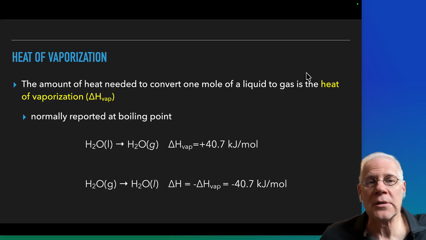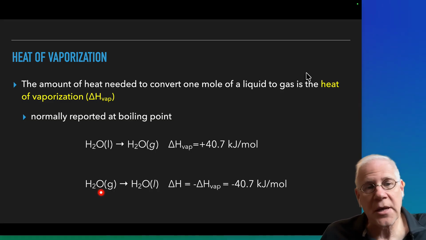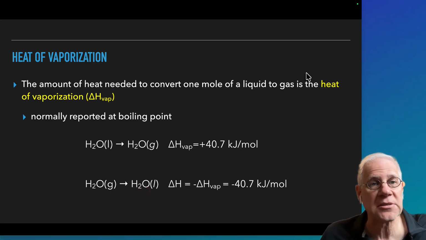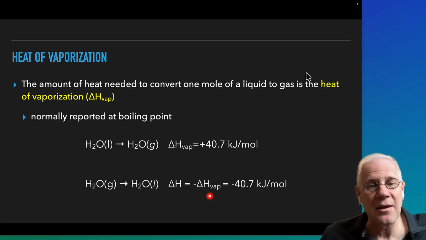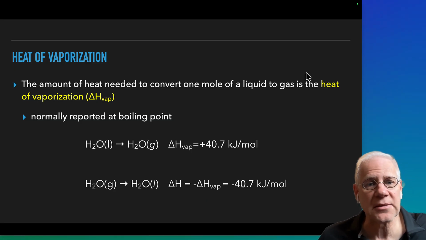Now, if we go in the other direction, if we're taking water gas and condensing that to liquid water at 100 degrees Celsius, this is the energy that's going to be released when those hydrogen bonds reform. And so it's just going to be exactly the opposite. We could call this the heat of condensation if we wanted to. I don't think that's a normal label, but you can certainly call it that.